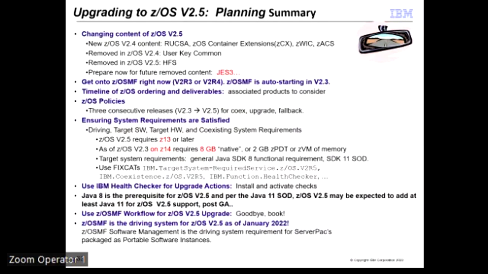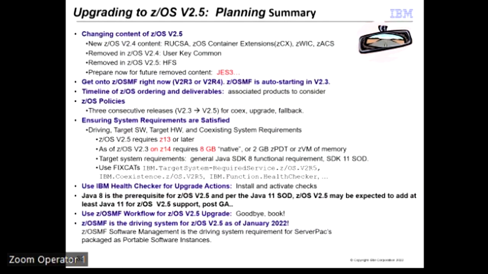But Java 8 is going to go end of service within the lifespan of z/OS 2.5. And where are we going to go? We're going to go to Semeru, which is Java 11. Okay, it's called Semeru. We're going to go to 64-bit. So this is the first time within the life of an operating system we're going to move Java levels from 8 to 11, which is Semeru.